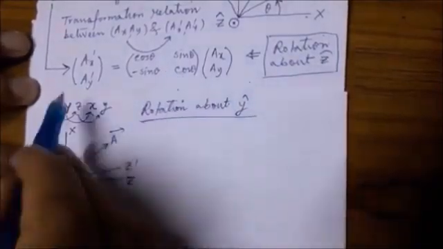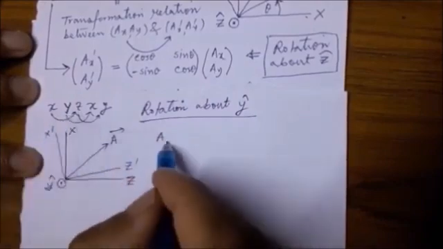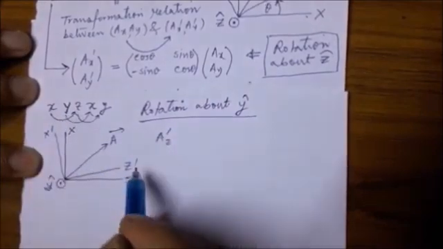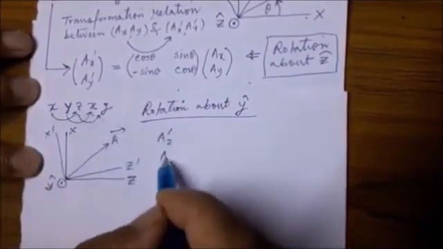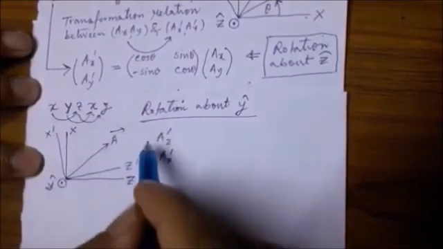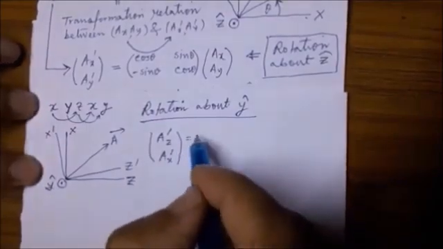It becomes, instead of ax prime we'll write az prime, and instead of ay prime we'll write ax prime through the two step jumps.